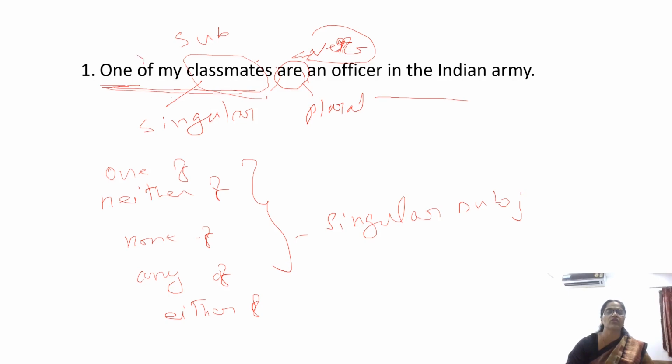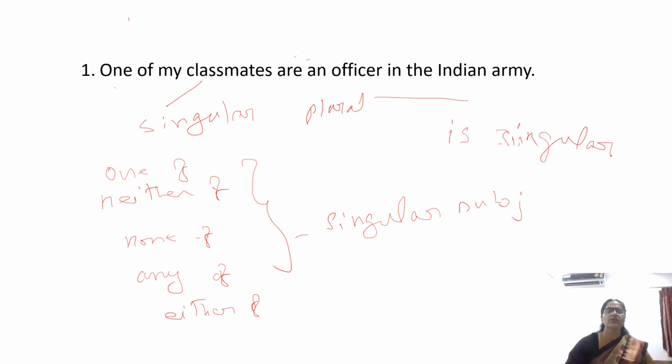We are just talking about one of the classmates. So here, one of my classmates is a singular subject. Singular subject takes singular verb. Are is the plural form of is. So in place of are, we need to use is. So is is the correct answer. One of my classmates is an officer in the Indian Army.